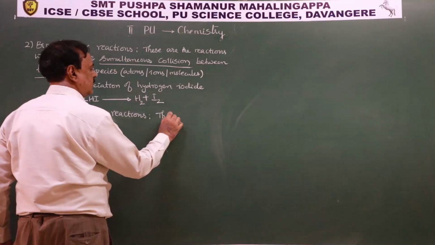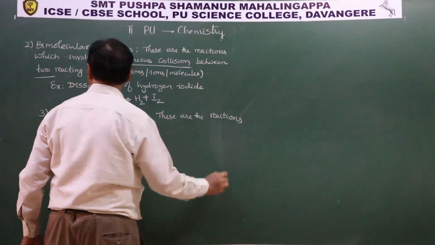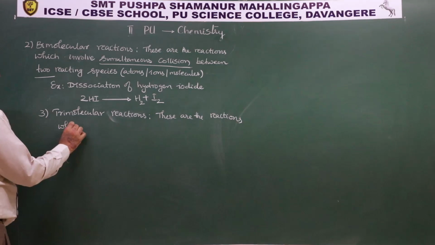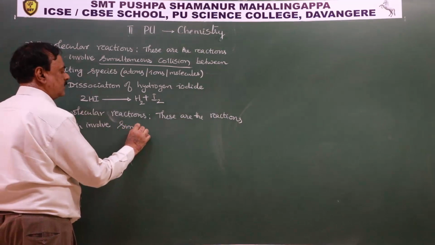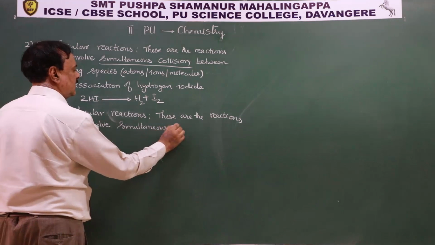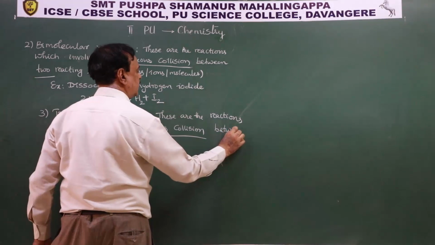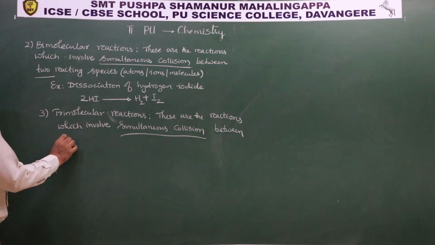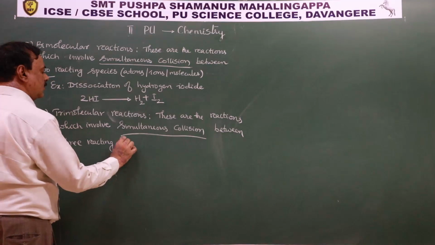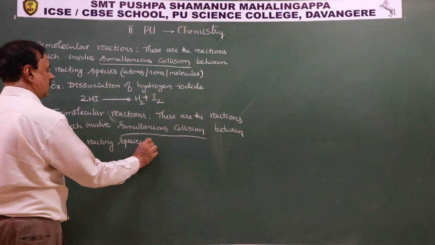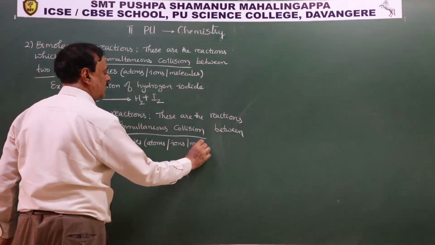Three reacting species may be atoms, ions, or molecules.